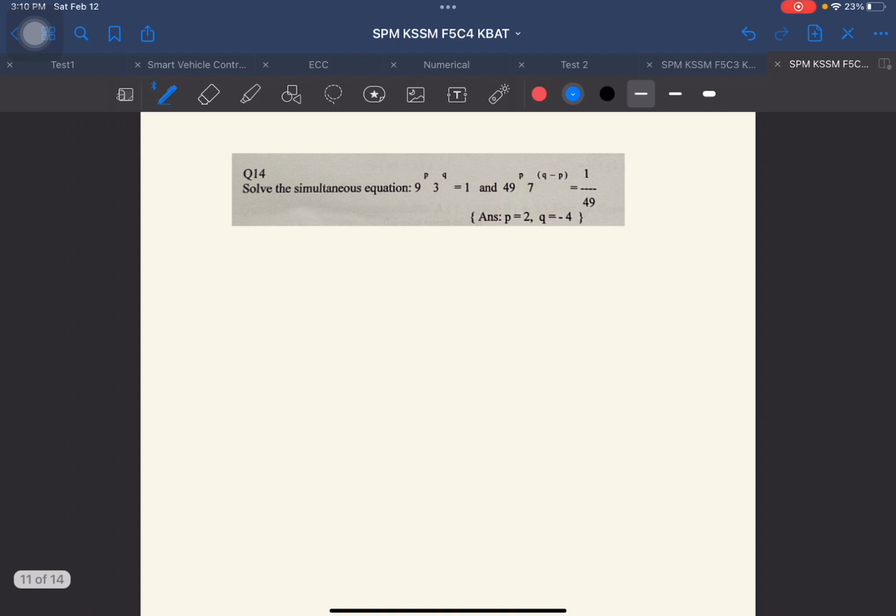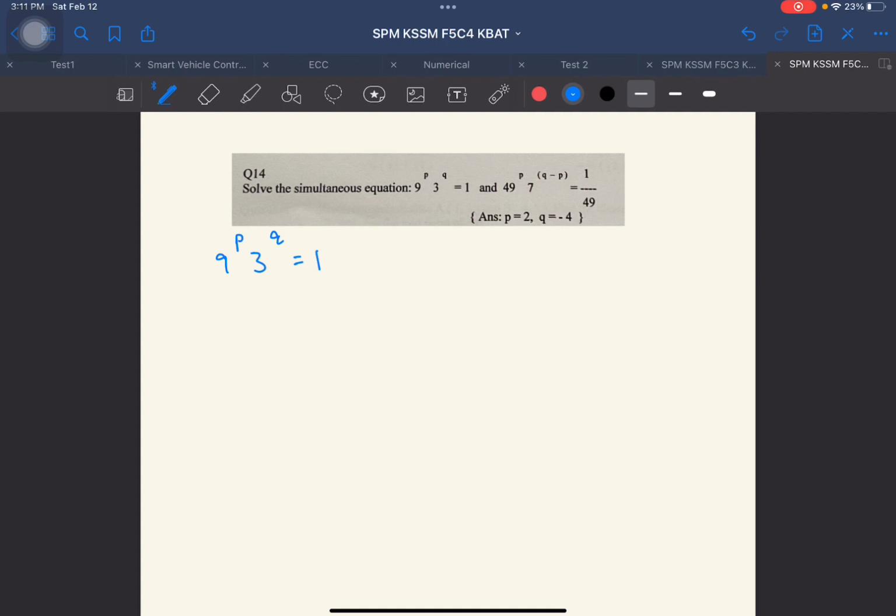Solve the simultaneous equations 9 power p times 3 power q equals to 1 and 49 power p times 7 to the power q minus p equals to 1 over 49. So let's make both of these into useful equations. As I've said in the earlier video, whenever you meet simultaneous equations, you need to make p in terms of q for the first equation, or q in terms of p, in order to be useful in solving it.